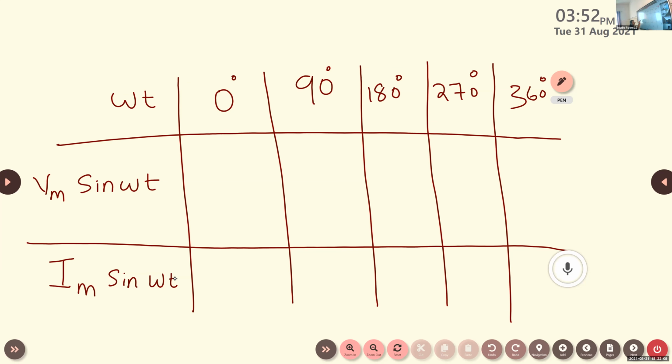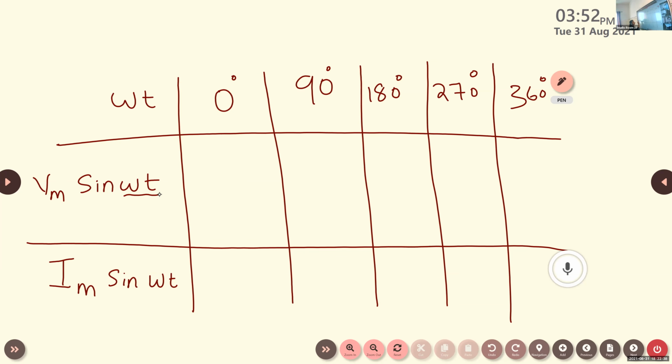Vm sine omega t, with omega t equal to 0, so Vm sine 0. What is sine 0? Sine 0 is equal to 0.